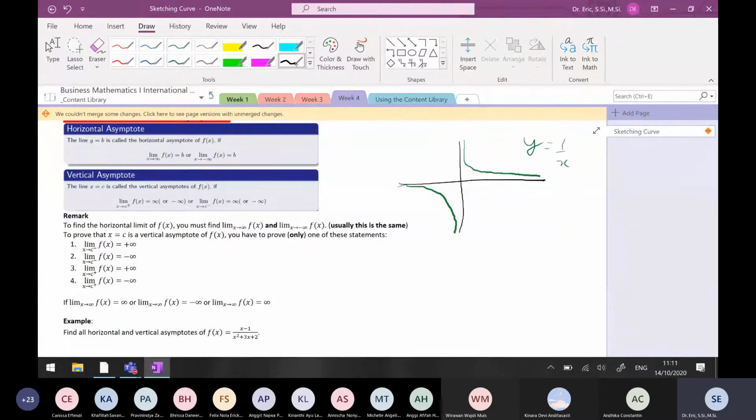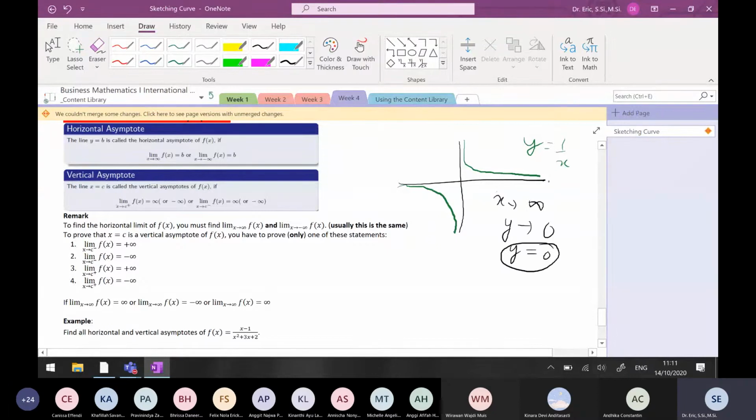If you look at this, when x goes to infinity, when x gets larger and larger, the height is decreasing and decreasing, and later the height will become 0. So this means y equals 0 is what we usually call the horizontal asymptote.